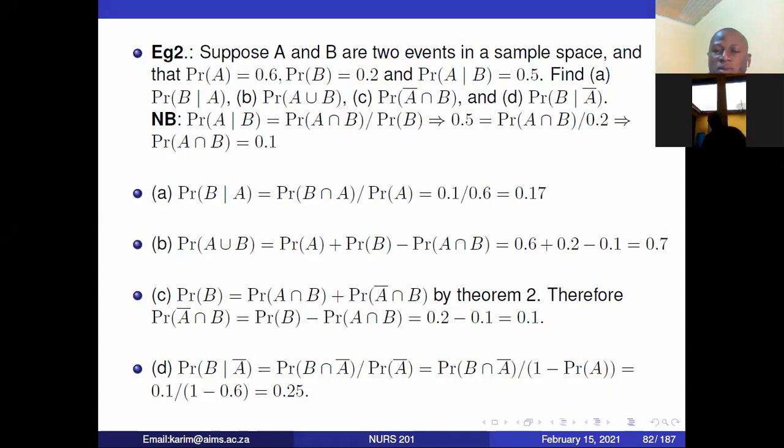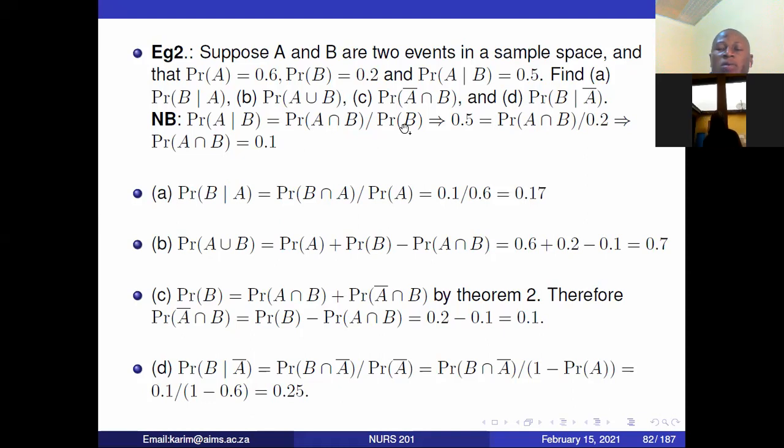How we were able to get, you see, probability of A intersection B, probability of A divided by B, is equal to probability of A intersection B divided by probability of B, equals 0.5.